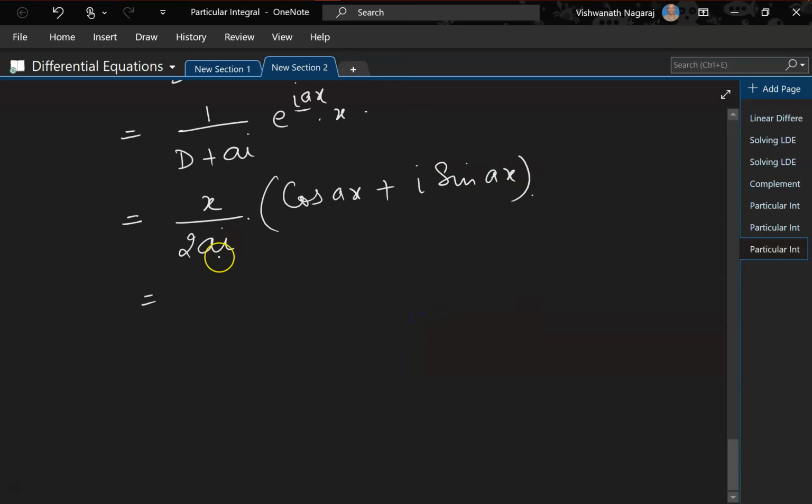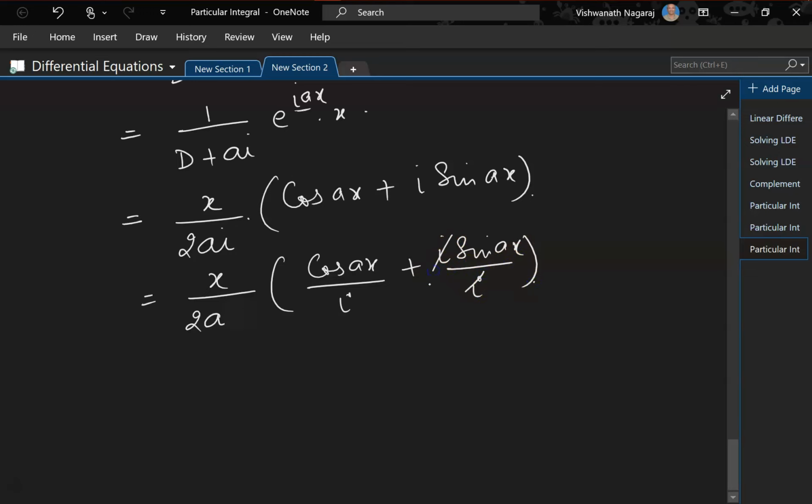Now let's take i in, so it becomes 2a cos ax by i plus i sin ax by i, and the i gets cancelled. Now if you want to bring the denominator to the numerator, the i, we take it as minus i.